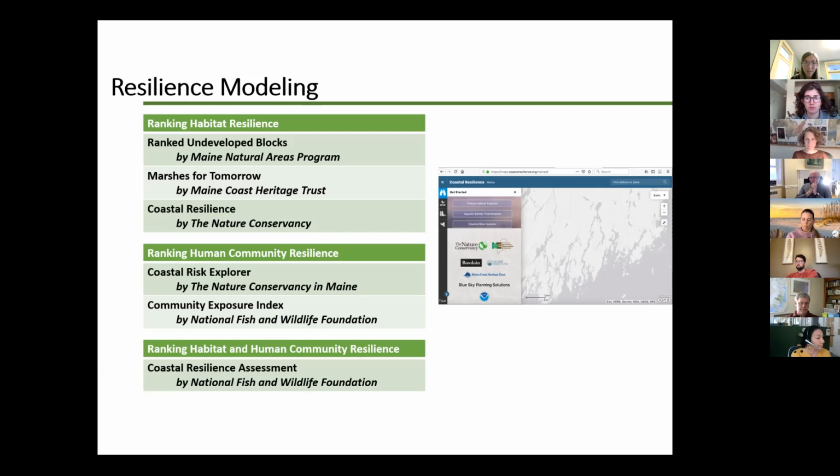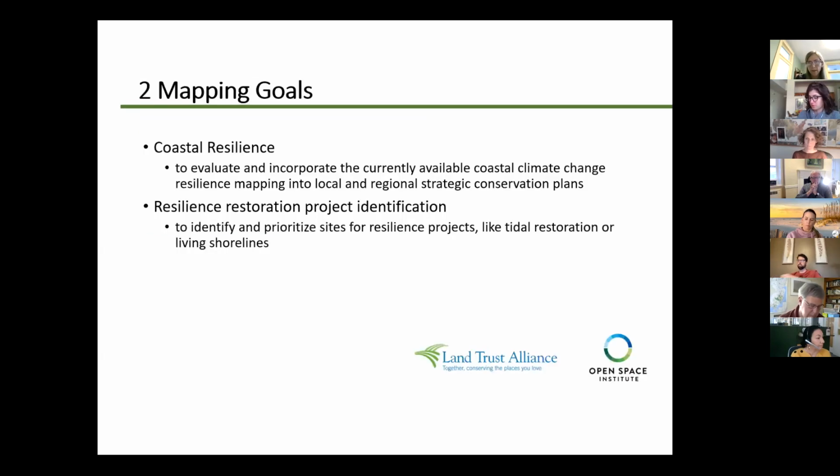And they also had a second similar tool that the National Fish and Wildlife Foundation had developed, the Community Exposure Index. So they also wanted to be able to incorporate that human element into some of their final products. And then they had ranking of habitat and human community resilience through that National Fish and Wildlife Foundation assessment that had been done in their geography.